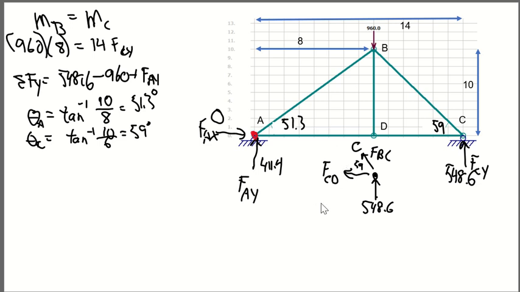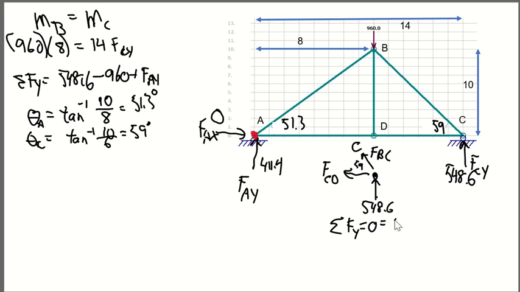And so now what I need to do is just plug into this. I'm going to start with the Y, because that's the one that I know. So I'm going to solve for FBC. I can't solve for CD because I've got no number that goes with it, because this is pure Y, nothing else. So what I do is the sum of the forces in the Y direction equals 0.